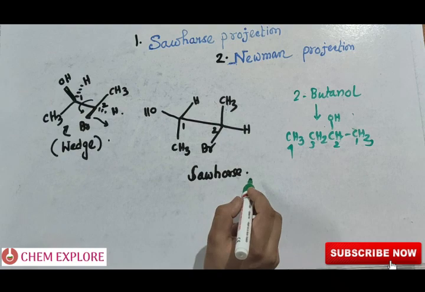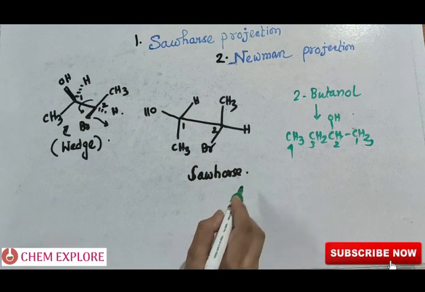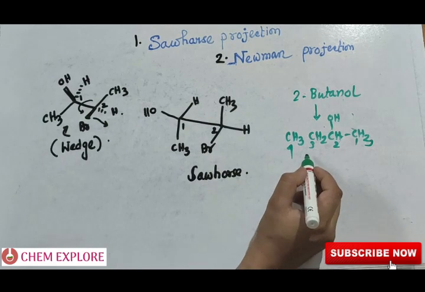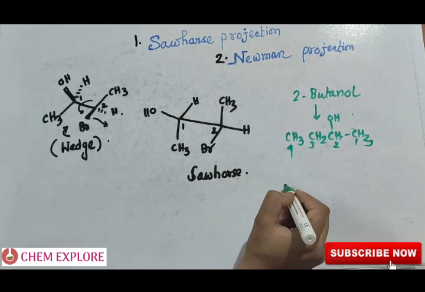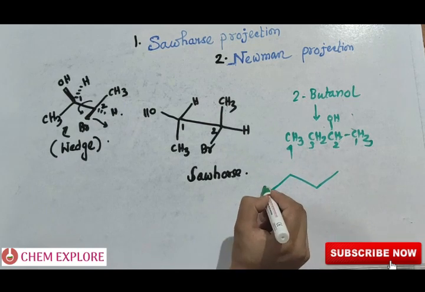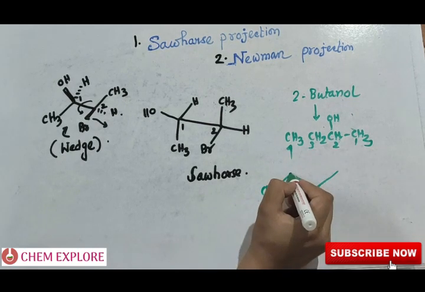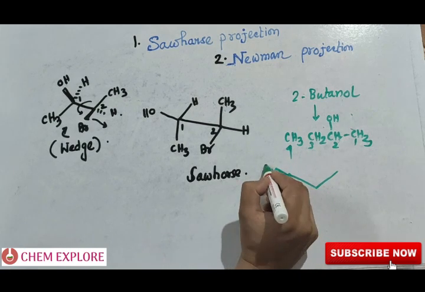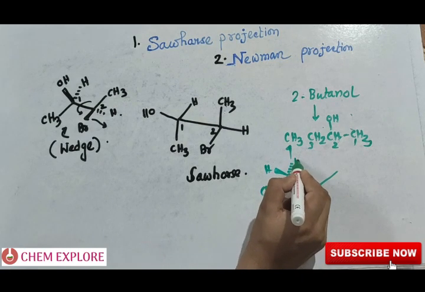So what we can do is write this structure in a Sawhorse projection. बहुत सिंपल है, ऐसे करके हम लोग ड्रॉ कर देंगे. ये 4 नंबर कार्बन इज दिस, ये 3 नंबर कार्बन इज दिस. इसके पास क्या है? 2 हाइड्रोजन है, एक above the plane, एक below the plane है.